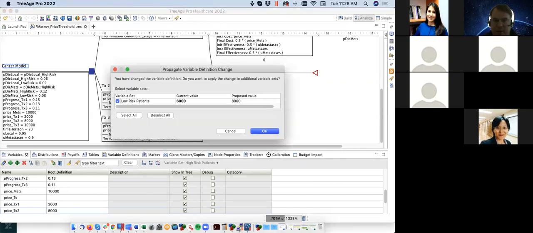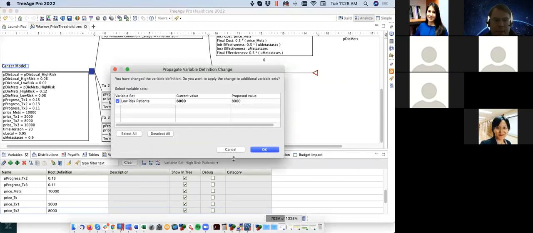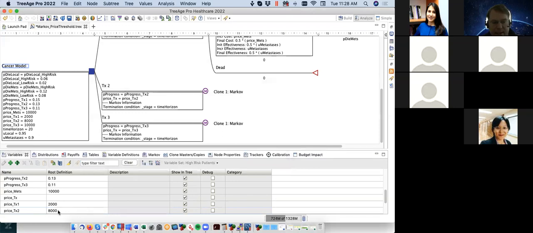So when I hit enter, it's going to say, okay, look, you're changing it in the current high risk patient set. Since the original values were equal, do you also want to change it in this one? If I didn't want to, I would just uncheck this and click OK, or I could click cancel. But if I leave it checked and click OK, then it has set the value to 8,000 in both the high risk and the low risk sets.